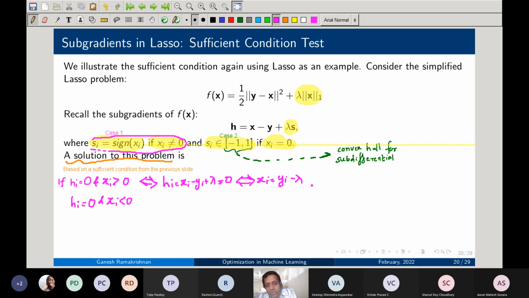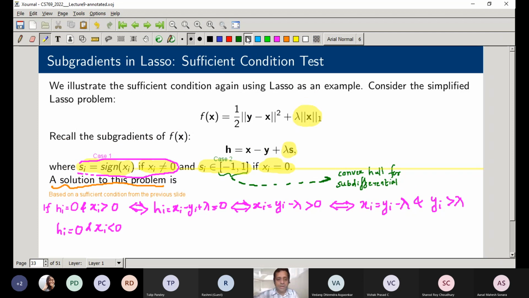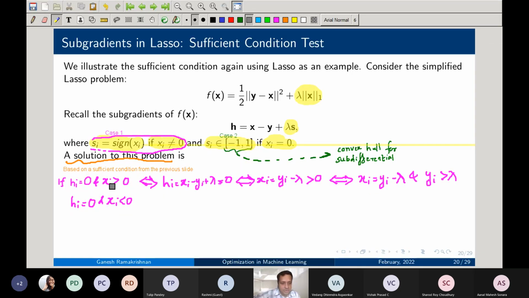If it has to be greater than 0, it's like saying that xi equals yi minus lambda and yi is greater than lambda. Just note this.